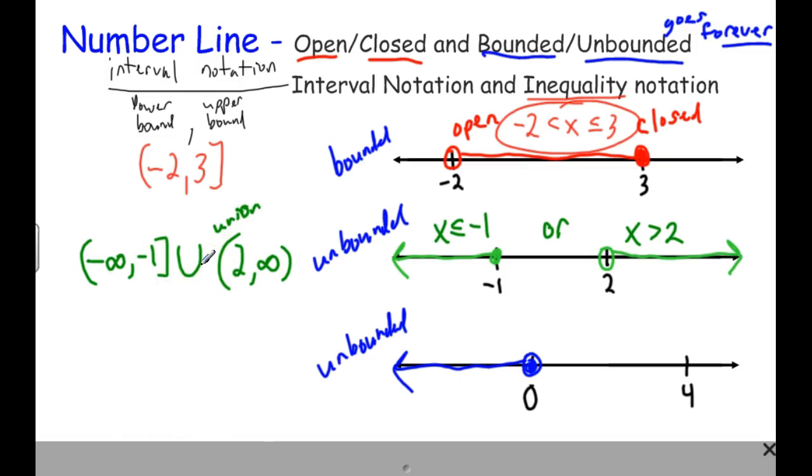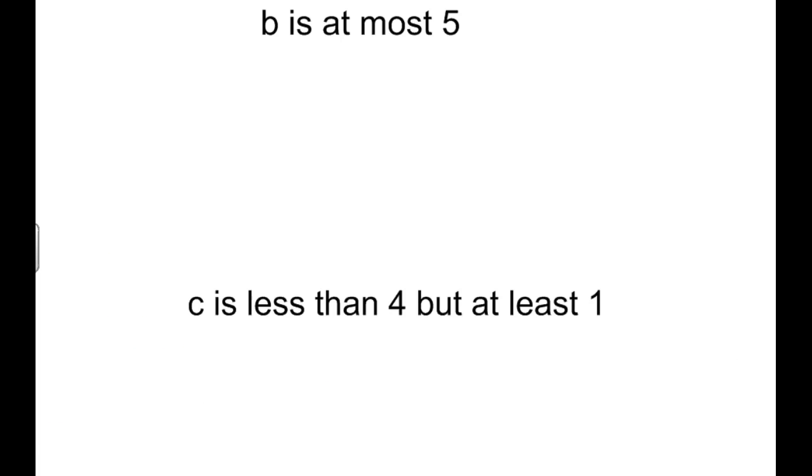It's an or statement. And here, inequality notation would be x less than or equal to 0. And here would be -infinity, comma, 0. Bracket at 0, parentheses always for infinity, -infinity.